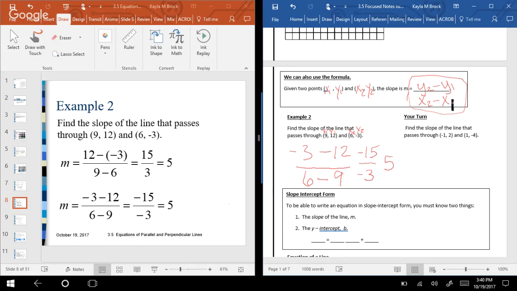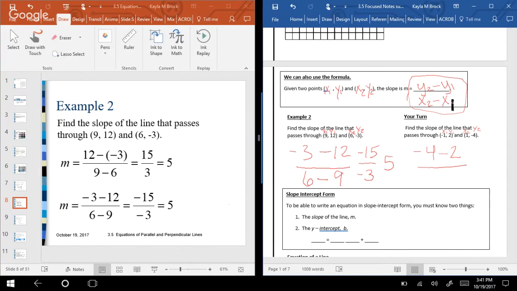Again, find the slope of the line that passes through (-1, 2) and (1, -4). You're going to write x1, y1 and x2, y2. So we're going to take our y2, which is negative 4, and subtract our y1, which is 2.